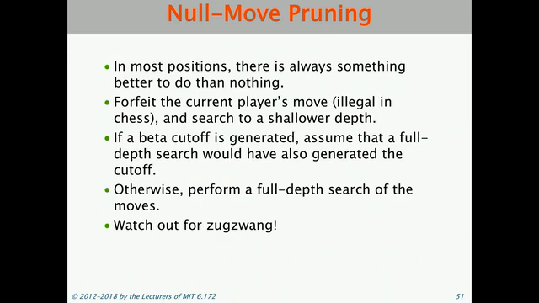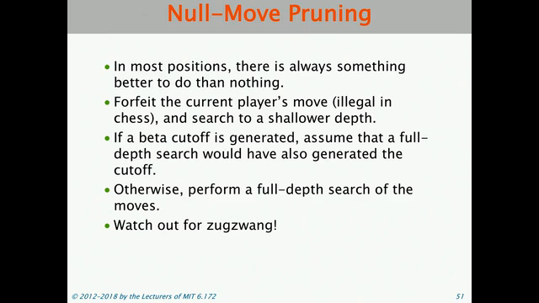Another heuristic there is null move pruning. In most positions, there's always something better to do than nothing. So sitting still is usually not as good as actually making a move. The idea is, suppose I can forfeit my move and search a shallower depth, and I still have the best position.